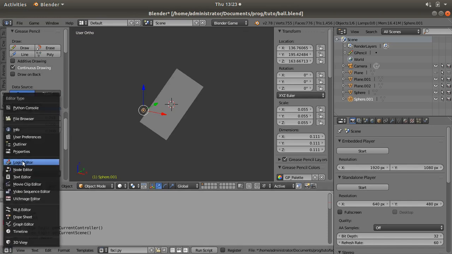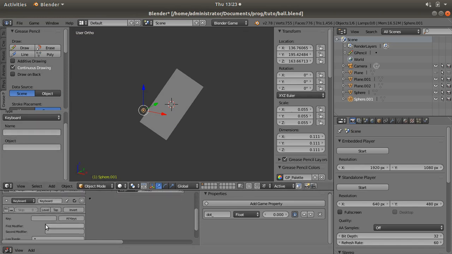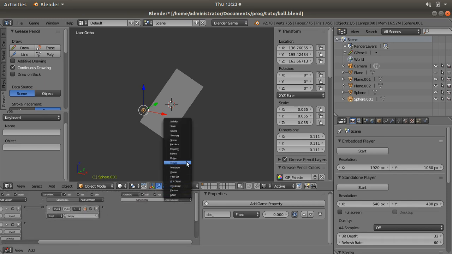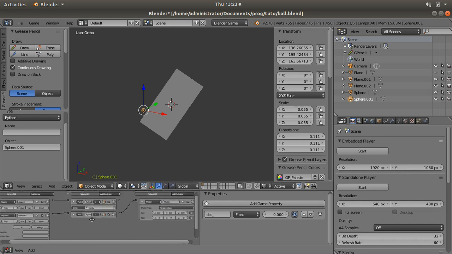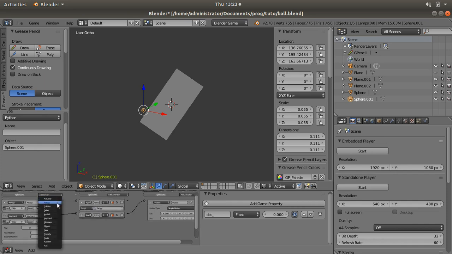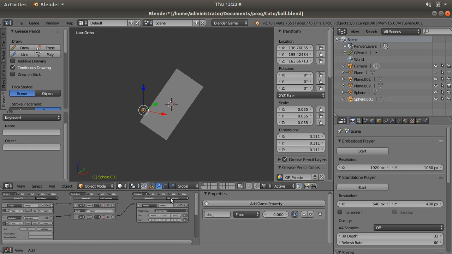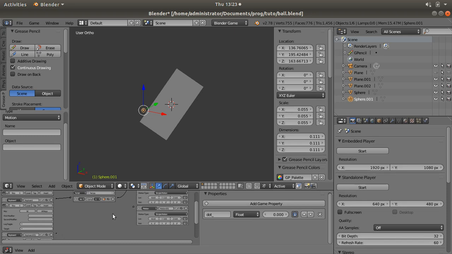I'll add some controls. I'll place my camera.